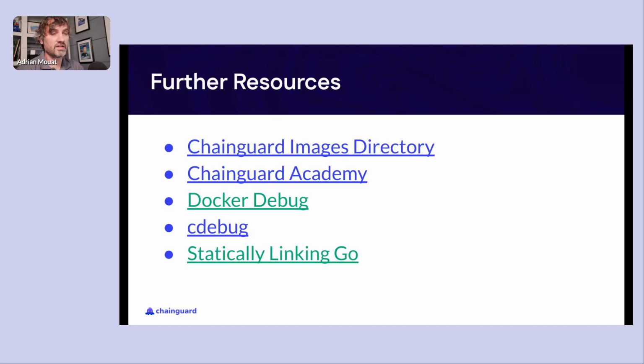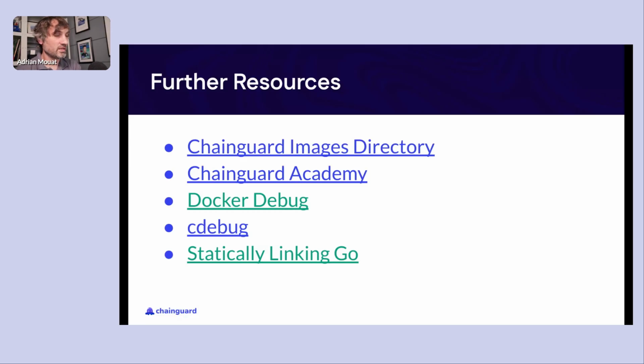Yeah, so I think we can share these slides. There are a few other things you may be interested in looking at. Chainguard images directory is images.chainguard.dev. The Chainguard Academy, that's where my team is responsible for, and has a lot of documents and tutorials on various products, especially images or containers rather.